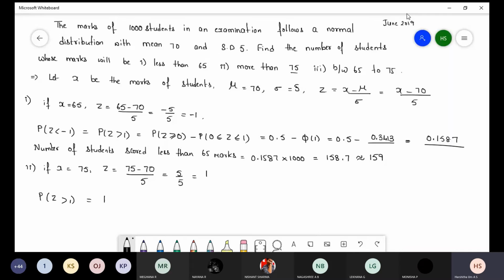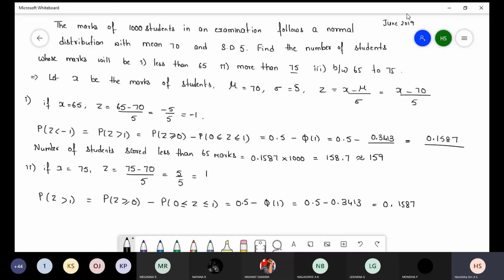Here also P of z greater than or equal to 0 minus P of 0 less than or equal to z less than or equal to 1. So 0.5 minus phi of 1, again 0.5 minus 0.3413.